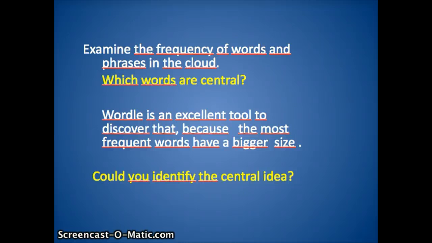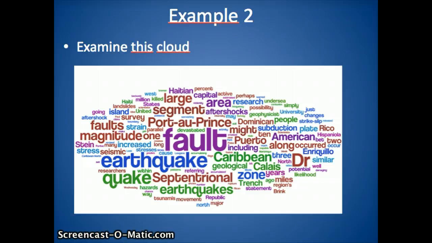What you have to do is to examine the frequency of words and phrases in the cloud. Which words are central? Well, Wordle is an excellent tool to discover that because the most frequent words usually have a bigger size. Could you identify the central idea? Now let's look at this second example.